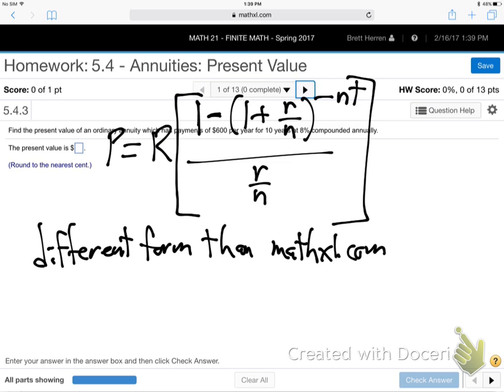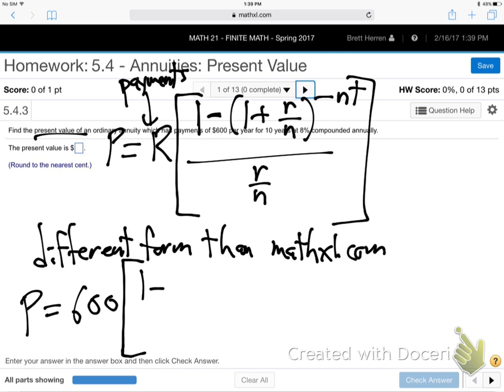Here we go. They're saying find the present value of an ordinary annuity. Payments are $600 per year for 10 years. Okay, so remember R is always the payments, just like on the formula we did last time. R is always the payments. So what is it? $600 per year. And it's 10 years. Okay, what's the R?